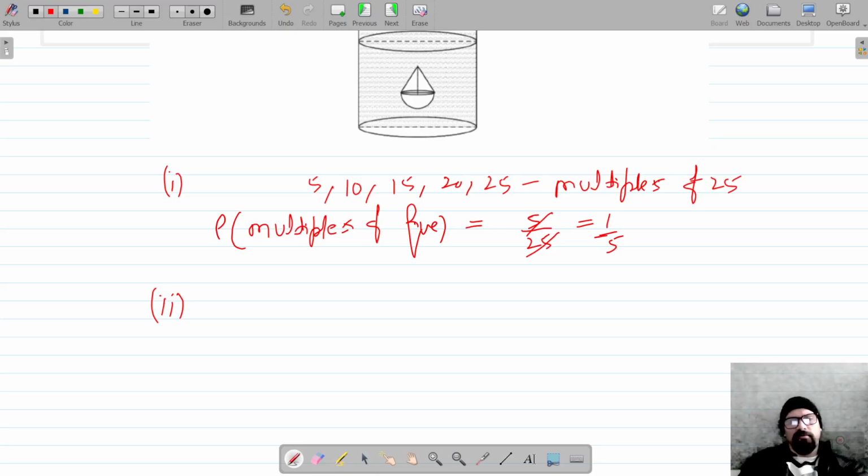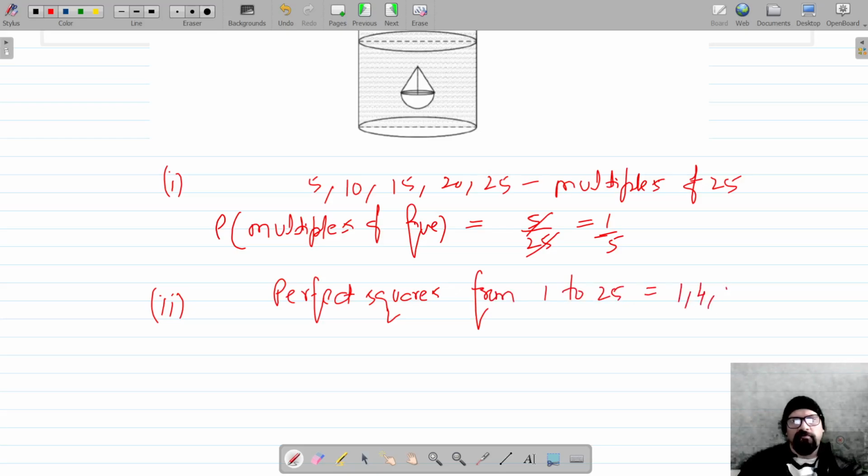The second part says that we have to find the probability of perfect squares. So perfect squares from 1 to 25 are 1, 4, 9, 16, and 25.